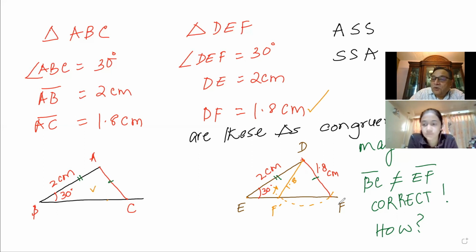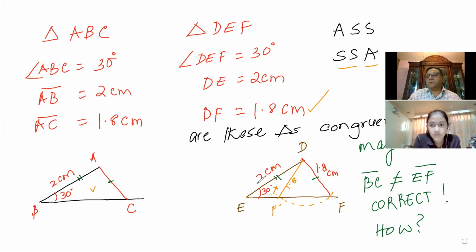So if we give you two sides and an angle, it is not necessary that the triangles will be congruent. You get the idea? Very important question to understand. Perfect.